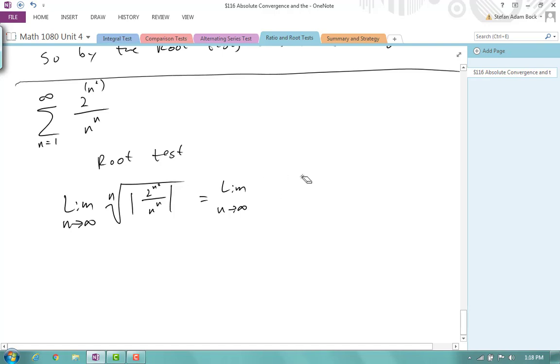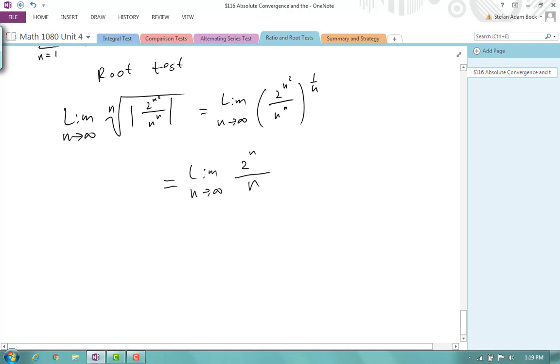And I'll rewrite my nth root as a fraction. So I have 2 to the n squared over n to the n, to the 1 over n. And by exponent properties, this exponent will distribute across multiplication and division. And exponents upon exponents is multiplication among the exponents, so this looks like 2 to the n squared divided by n is just n, divided by n.